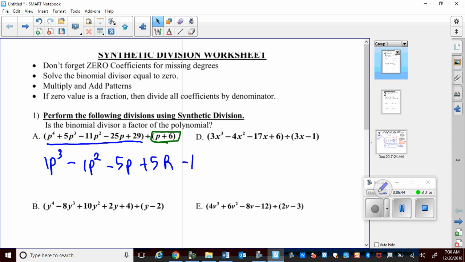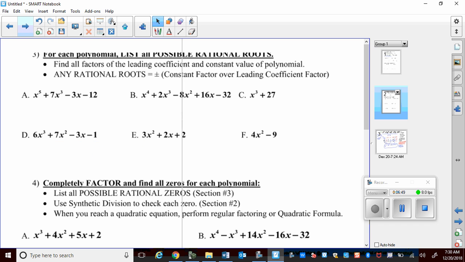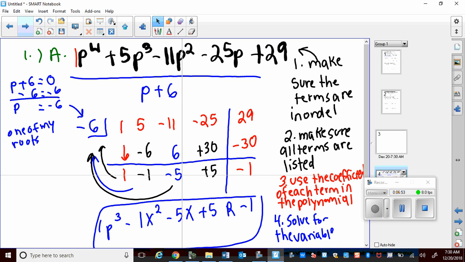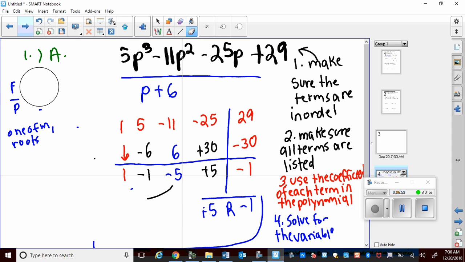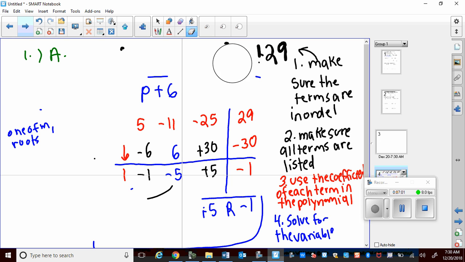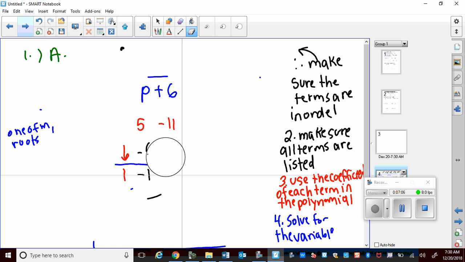So next, I'm going to do letter B. So I'm going to erase everything that I have here and just do it over. Same steps, and I'm going to rewrite my polynomial.